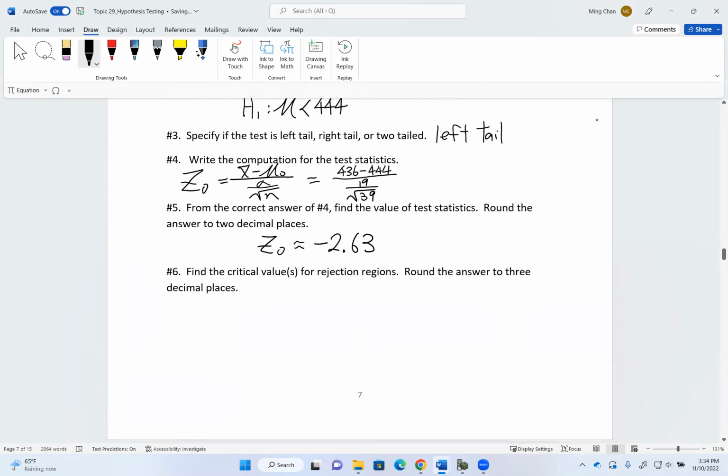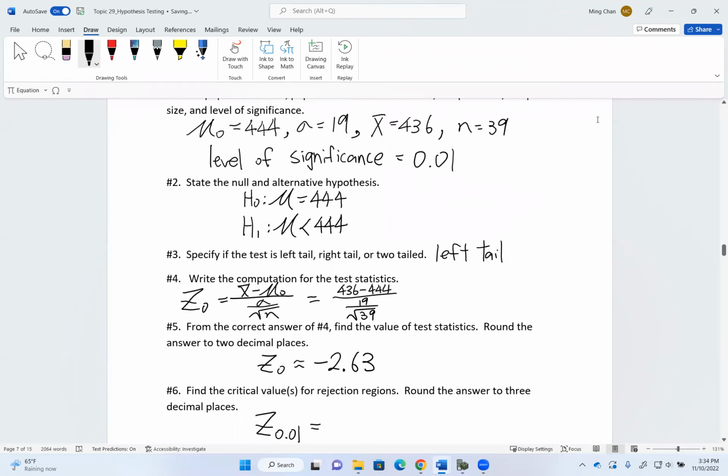Find the critical value for the rejection region. My critical value is my Z sub alpha. Since this is a left tail test, that will be Z sub alpha, which is 0.01, and the 0.01 will be the area to the left.